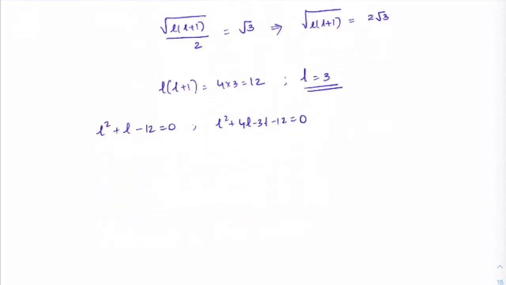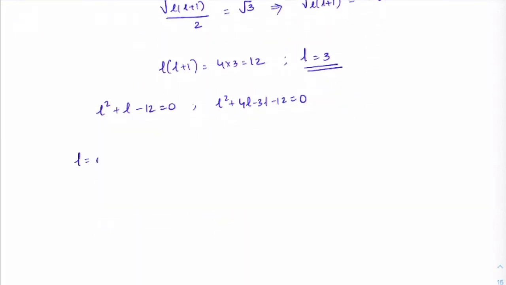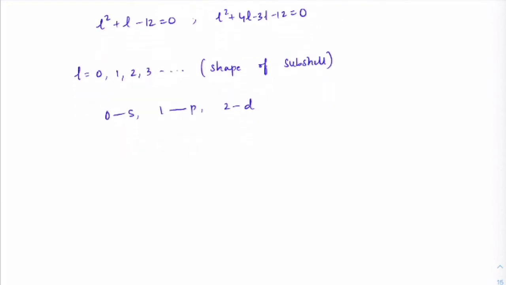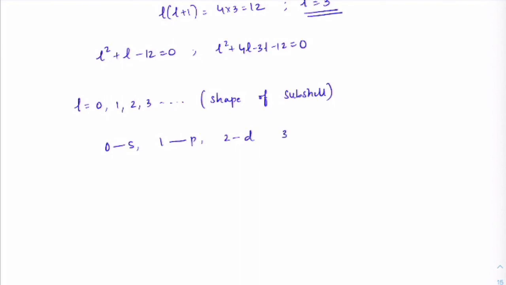Now once you get L, we know that L is equal to 0, 1, 2, 3. These represent the shape of subshells, where 0 represents s orbital, 1 represents p, 2 represents d, and so on. So if 2 represents d, then 3 represents f.